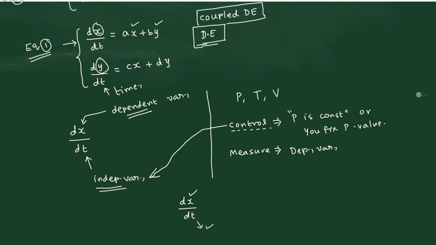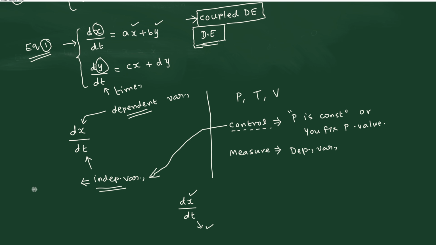Once this meaning is clear, what I want to explain is the meaning of coupled here. How do you know that this differential equation is coupled? For that, this information is required. The meaning of dependent and independent is required. Let me also give an alternate name for this. There is another name for independent and dependent variable that I am going to write now.